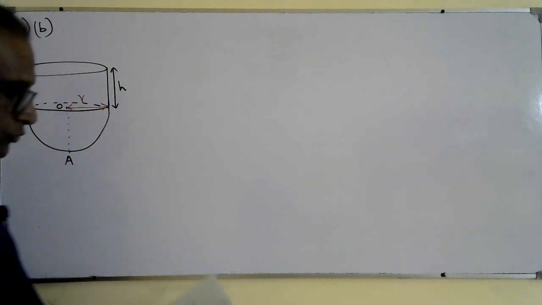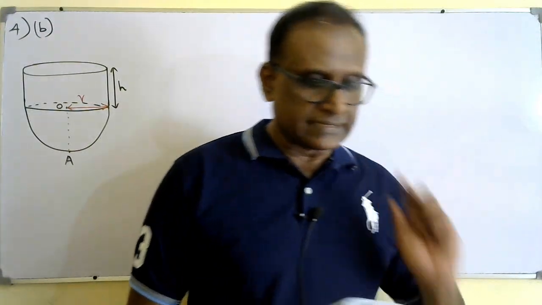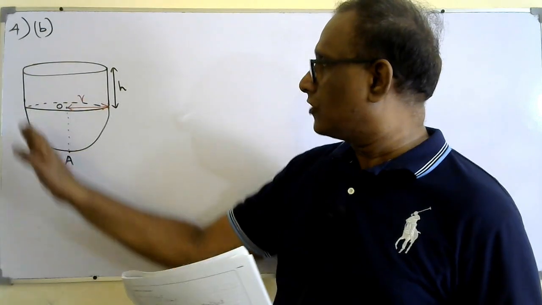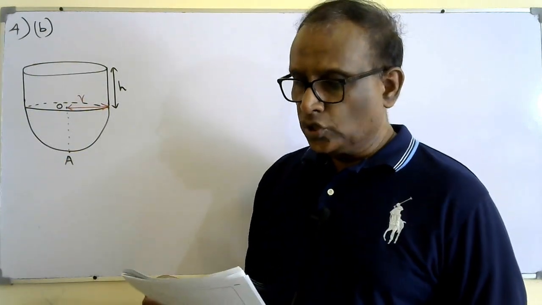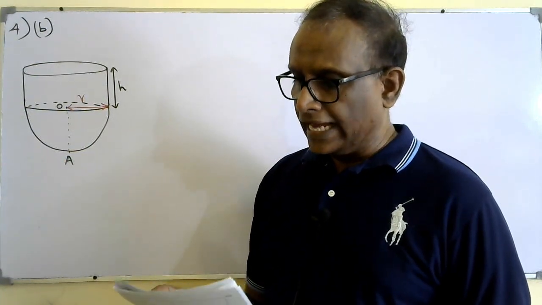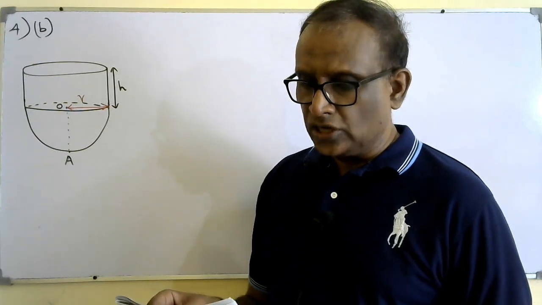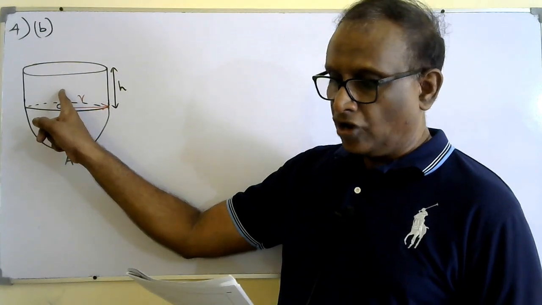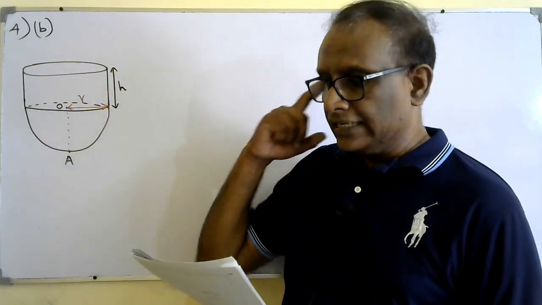Okay, so B part, question number 4. This diagram is given. A uniform solid S, shown in the diagram, is formed by attaching a uniform solid right circular cylinder of height h and radius r.